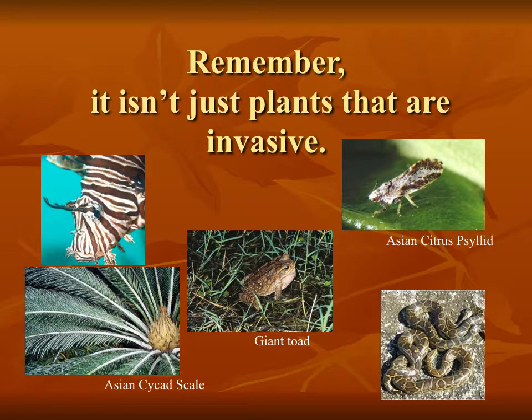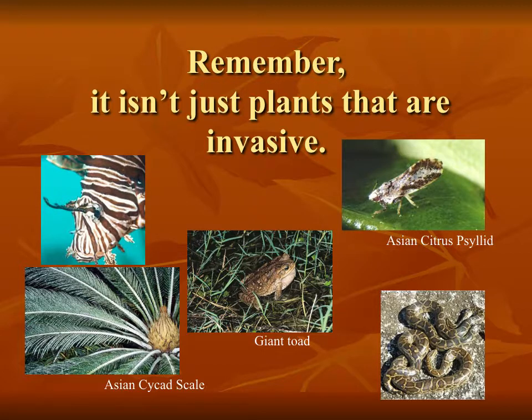Just remember, although I'm going to be talking about plants in this program, there are plenty of other invasive things that we deal with in the state of Florida, the United States, or North America, whether it's in the sea with lionfish or whatever that is. We get new insects introduced into the state of Florida frequently.